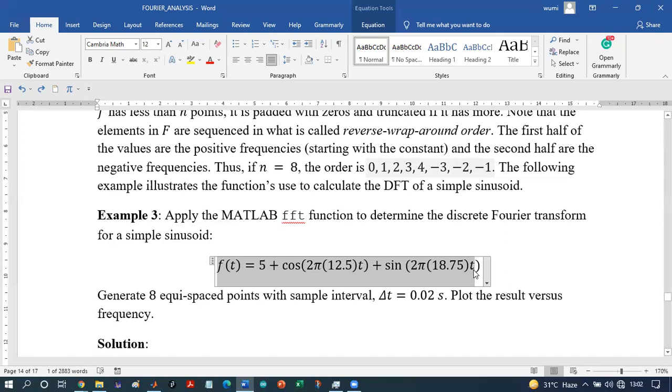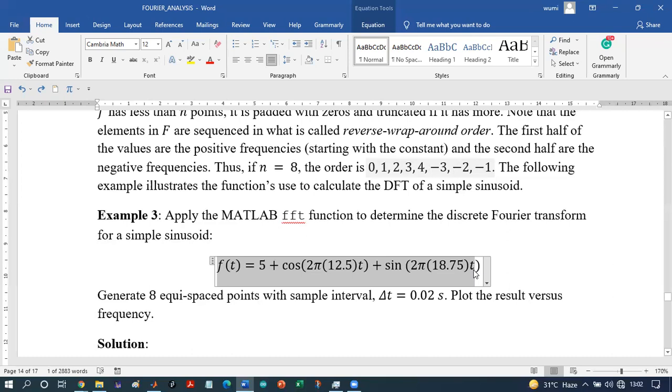So you can do the calculation. F4 is equal to 5 plus cos 2 pi 12.5 times 0.08 plus sine 2 pi 18.75 times 0.08.